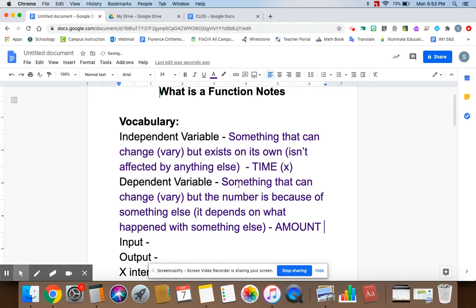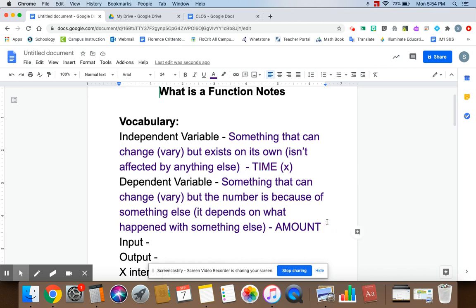So the dependent variable, for example, if you're representing how much money you're making, the amount of money you have definitely depends on how much time has passed, how many days have gone on, how many hours you've worked. So the amount of money you make always depends on how many hours you worked. How many hours you work, that just is time. You're just going to work hours. But then the amount of money you make depends on that. And so that is one of the most common situations that show up in math: how much money you make depending on how much time you've spent working.